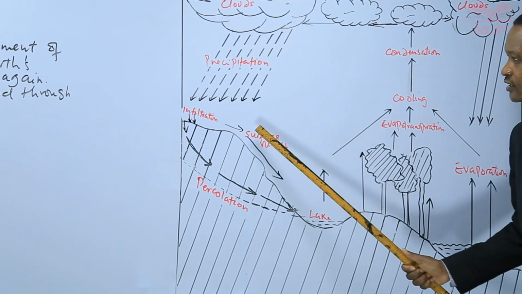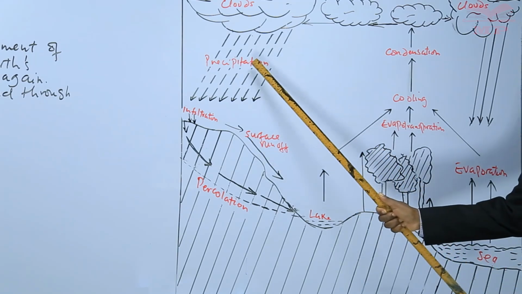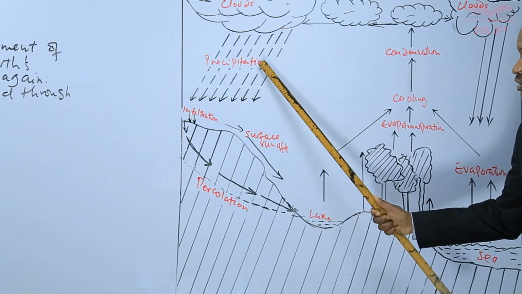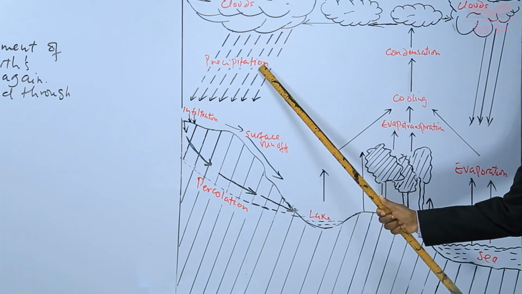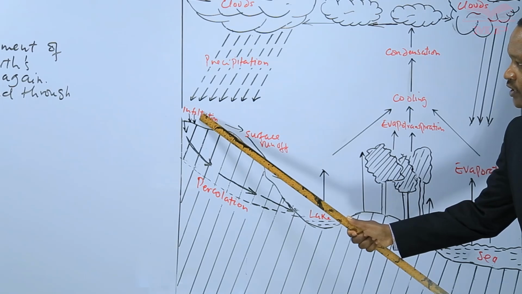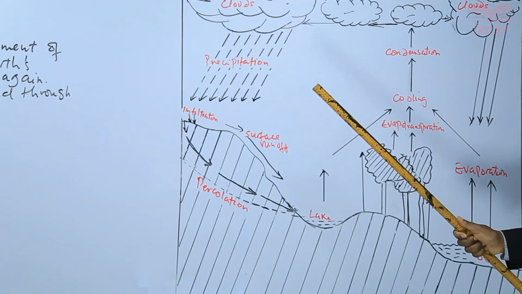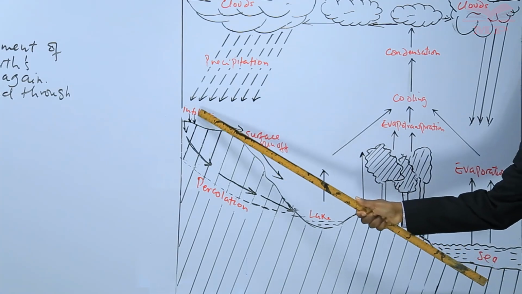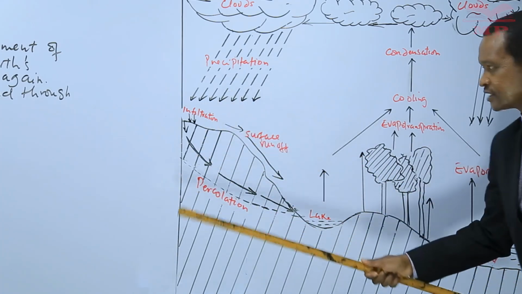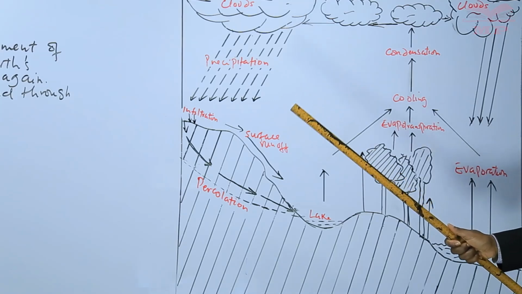Now, learners, other than the water that runs on the surface of the earth from precipitation, the water that falls down in form of hailstones, rains and snow, there is also some water, learners, from precipitation that seeps into the ground, through pores, through cracks between rocks, through joints that are found between rock particles.